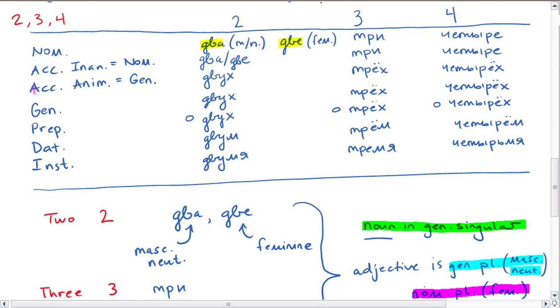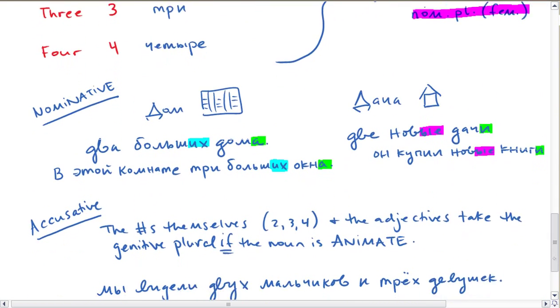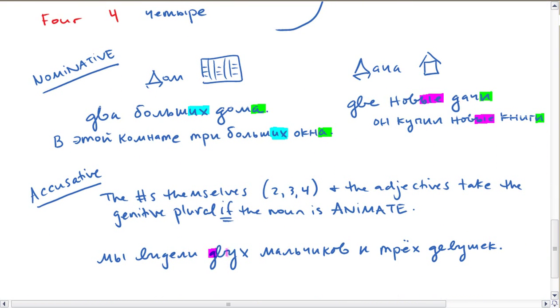So we've got accusative animate, so it's genitive case, so двух, трех, or четырех. And that's what we've got, двух and трех. So the numbers themselves are in the accusative animate, which is the same as the genitive plural case. And our boys are in the genitive plural, and our girls with their 0 ending are in the genitive plural.